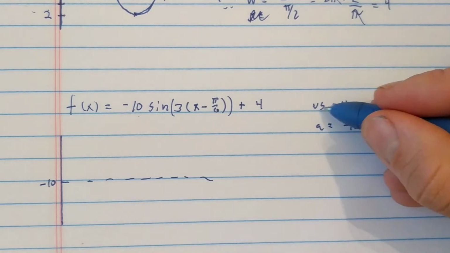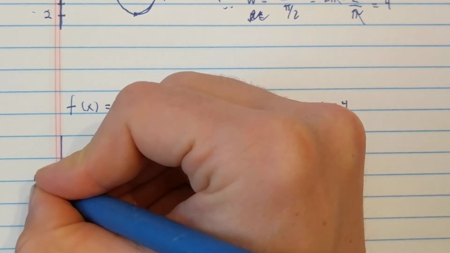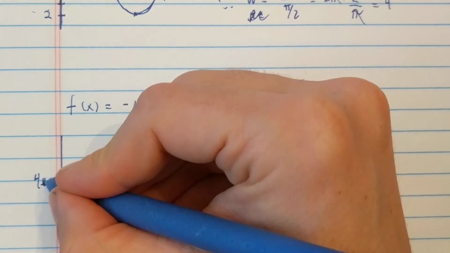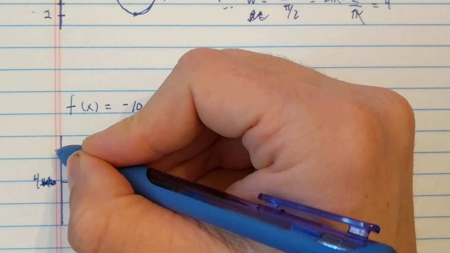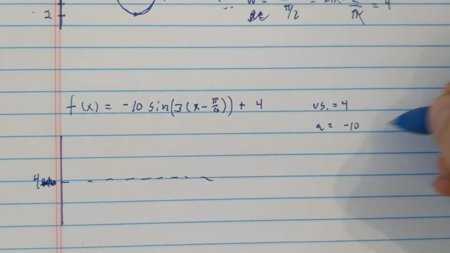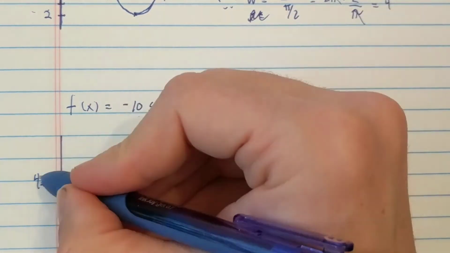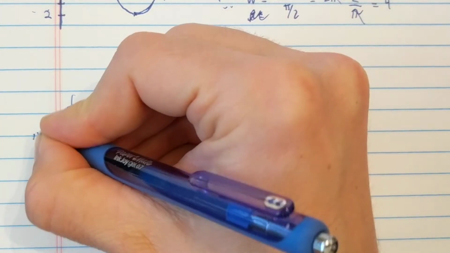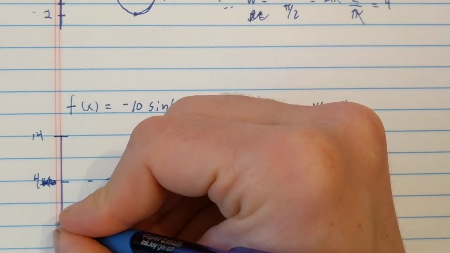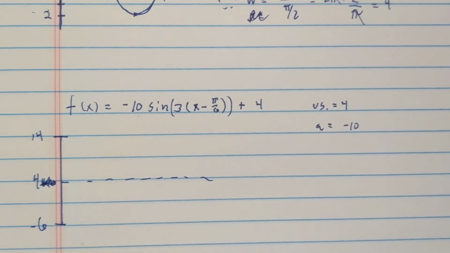So the vertical shift is 4. So the middle is a 4. The amplitude is negative 10, which means I'm going to go up 10 and down 10. Just do the absolute value, so even though the amplitude is negative, you are going to go up 10 all the way up to 14, and all the way down, subtracting 10 gives me negative 6. Awesome.